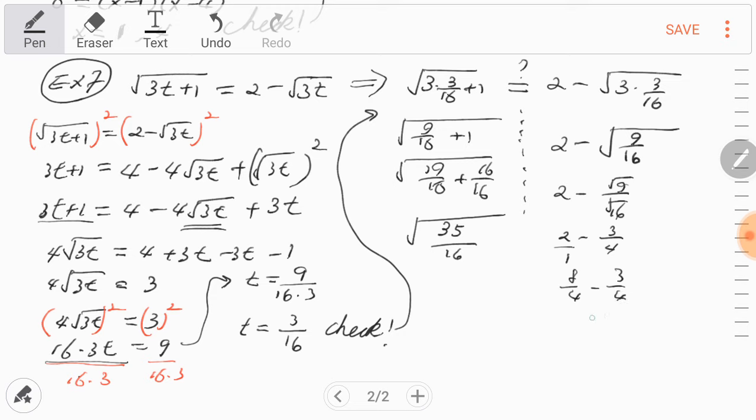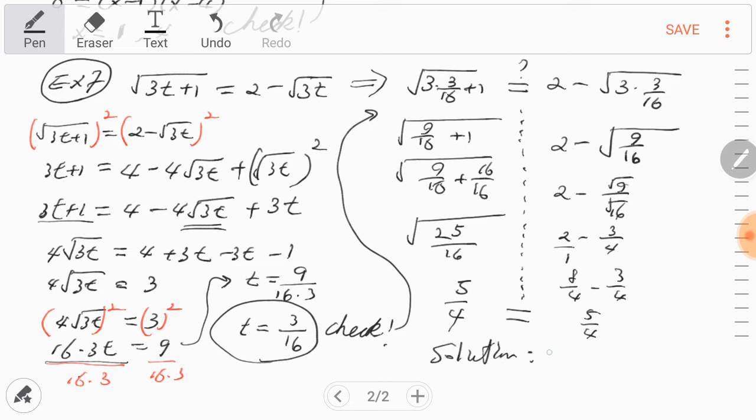So this is equal to 5 over 4. Sorry about this one, this is 25. It's 9, not 19. Why did I write 19? So that is 25, and the left side of the equation is 5 over 4. So this is equal to 5 over 4. So yes, 3 over 16 is the solution. So the solution is t equals 3 over 16.